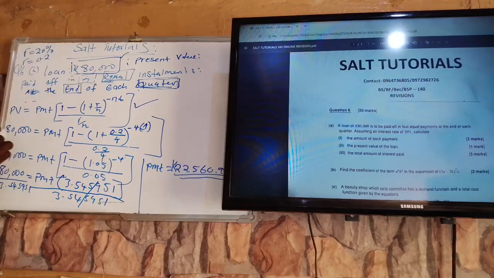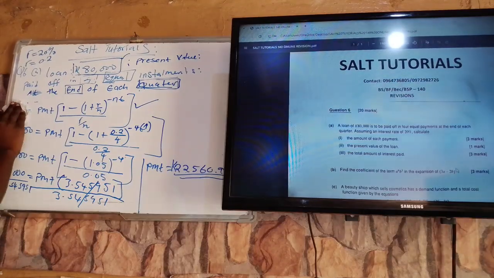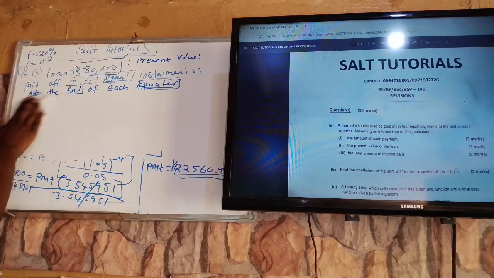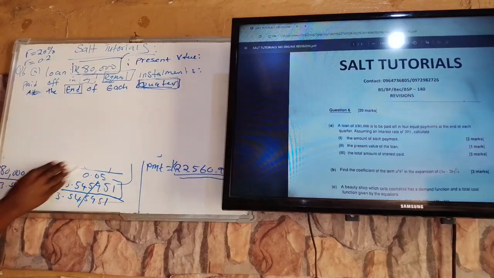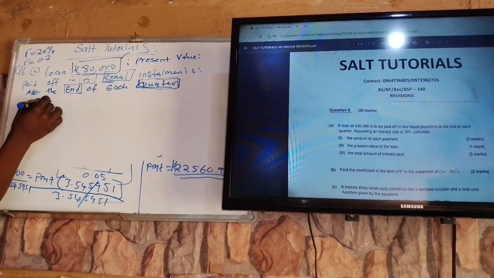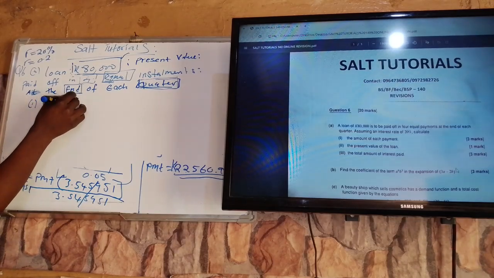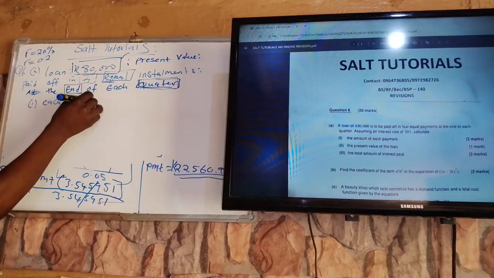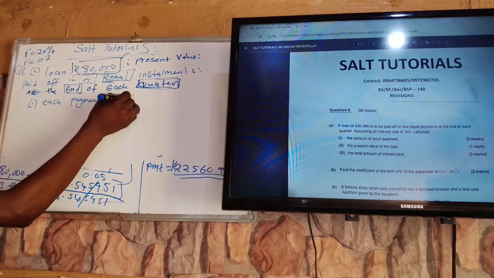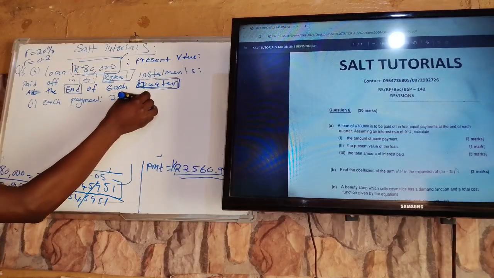Now the question continues. I'll delete this part. So question A, here we have each payment is basically 22,560.95.